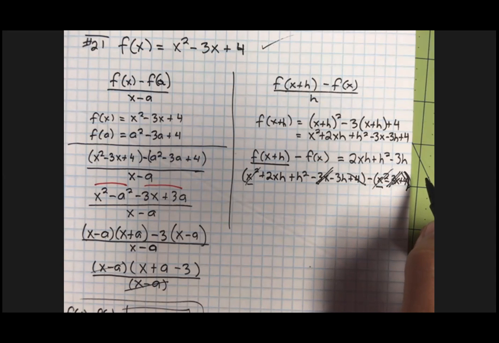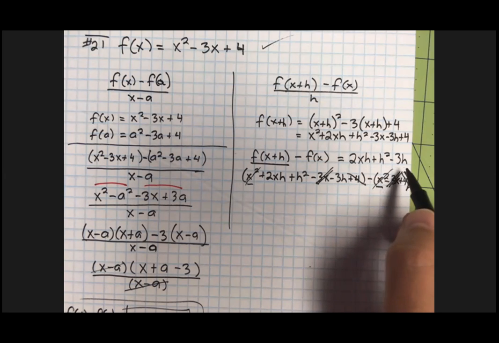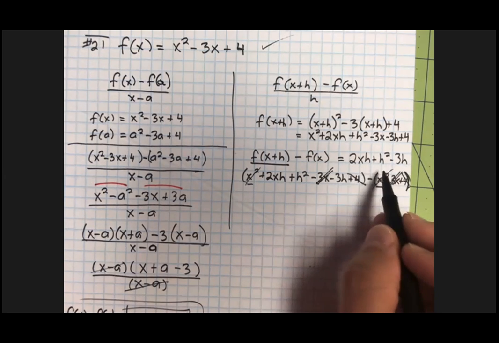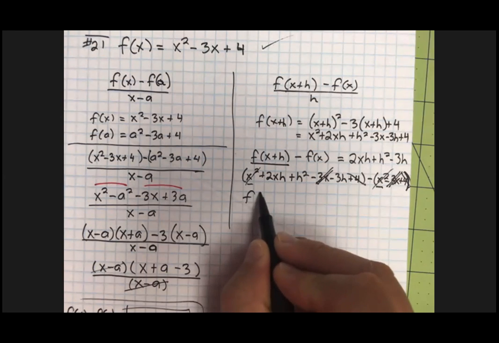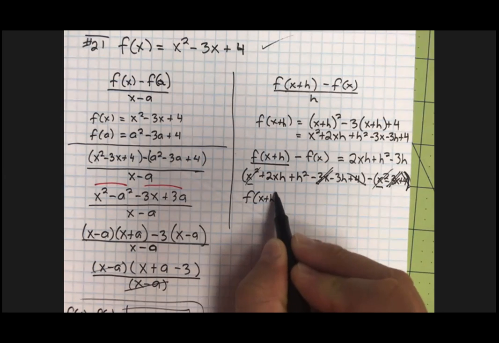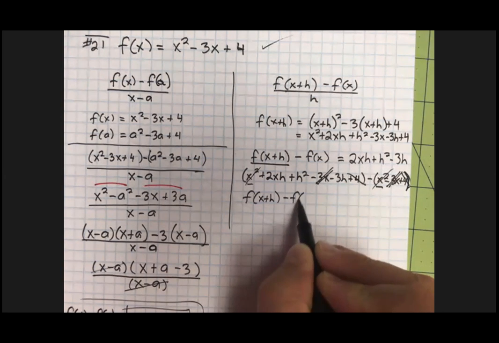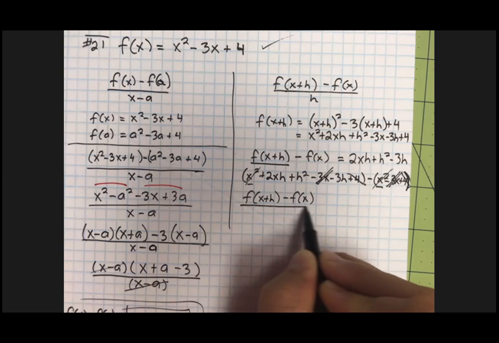Something doesn't feel good. What doesn't feel good? I can't worry about it right now. Let's go forward and see what happens. Now they wanted me to not just do all that, but after I got done doing that, divide by h.